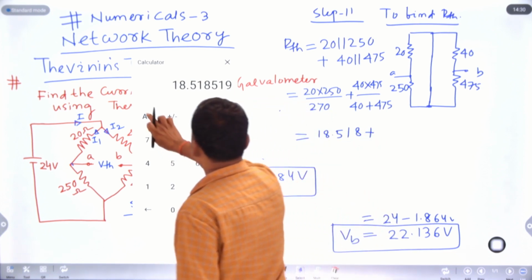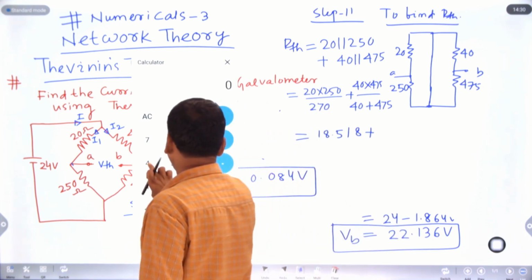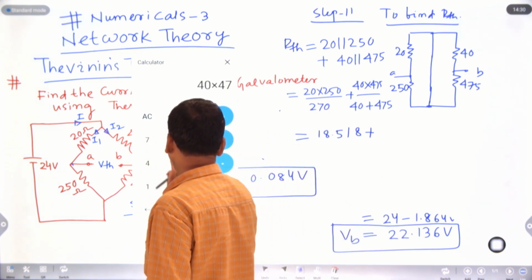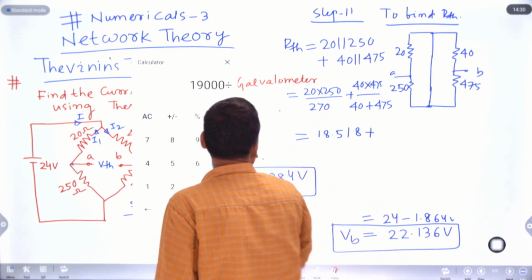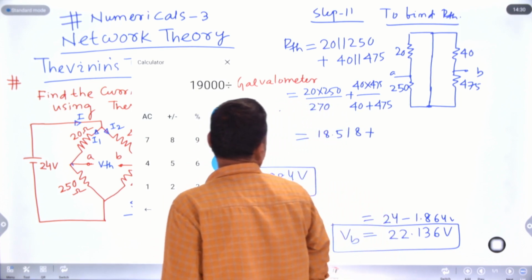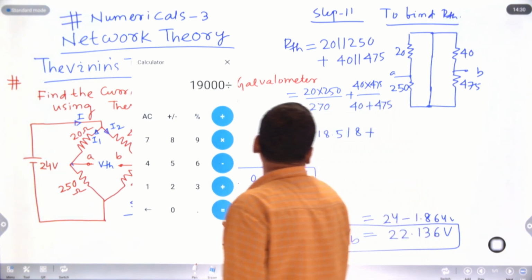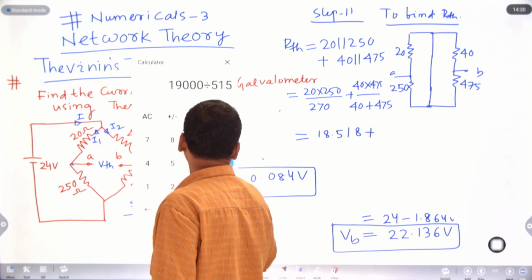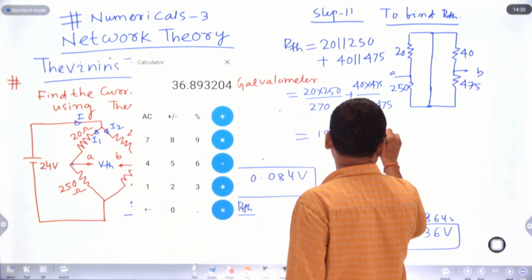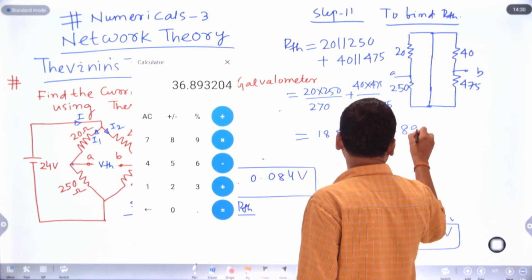Plus 40 into 475, which is 19,000, divided by 515, the value is 36.89.